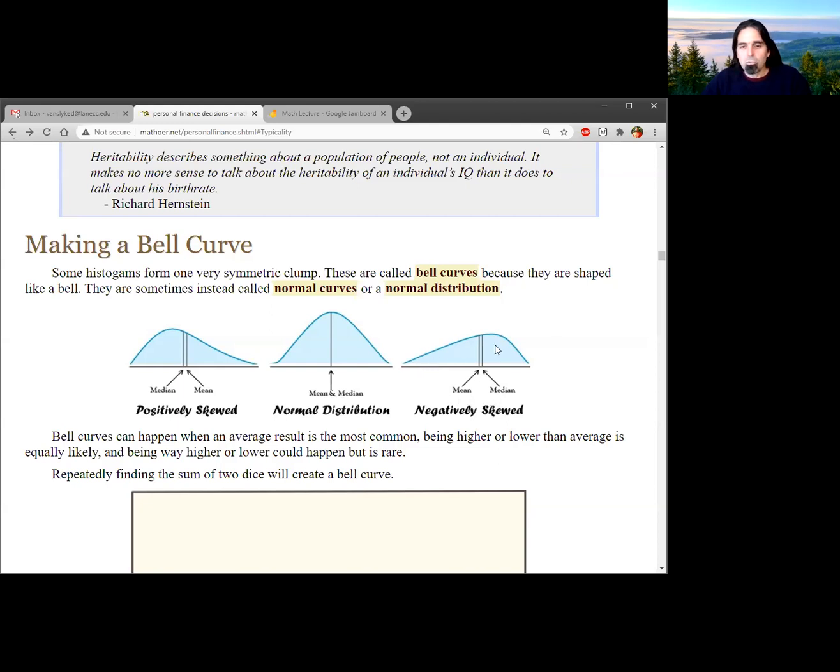And it's a little confusing because it might look like the peak is falling off on the positive side, but realize that if the peak is a little bit to the right, that means most of the things in the sample, most of what we measured, are below the peak. So that's why it's called negative. Most things are below the most common, the most typical. If it's skewed in the other direction, that's called positively skewed, because most things are above what's average.